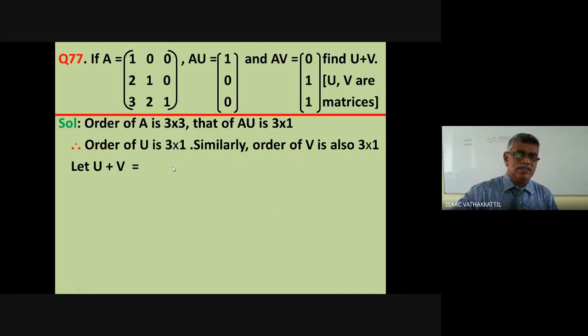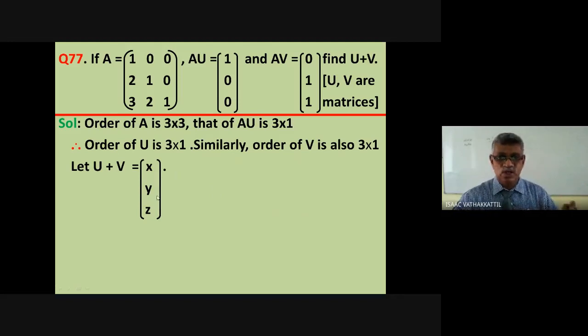Now, you are asked only U plus B. When U and B are 3 by 1 matrices, U plus B is again a 3 by 1 matrix. Suppose it is X, Y, Z. We do not know what U is or what B is, but I only want U plus B. Now, what is AU plus AB?